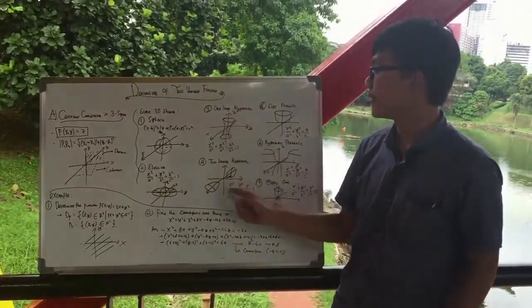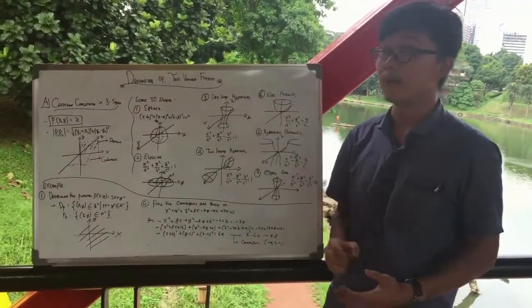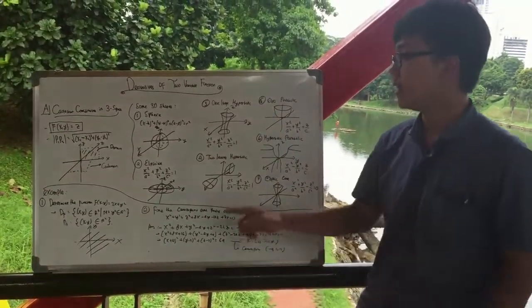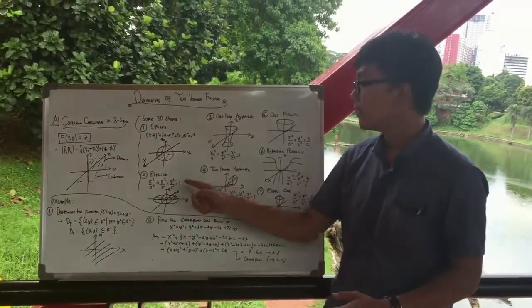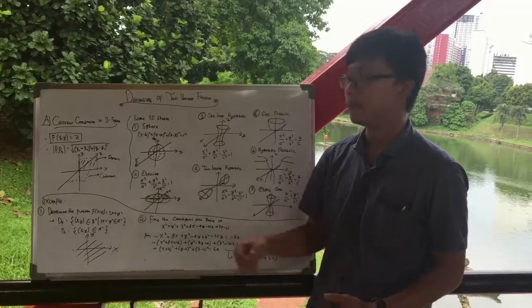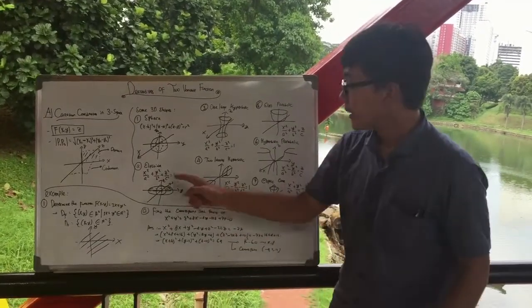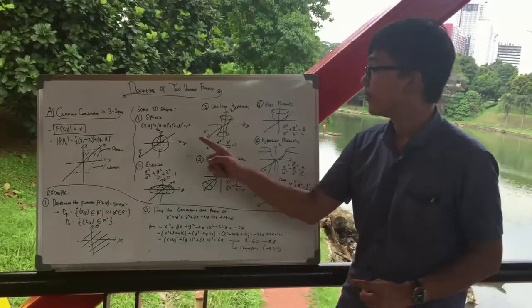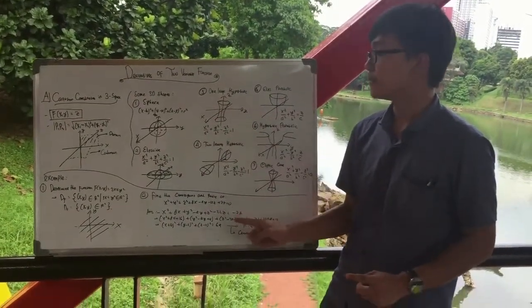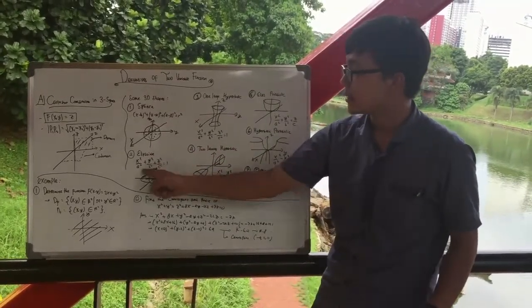From these 3 shapes we have a similar general formula: x squared over a squared, y squared over b squared, z squared over c squared equals 1. But the difference of these 3 shapes: for the ellipsoid, the signs will be positive and positive.